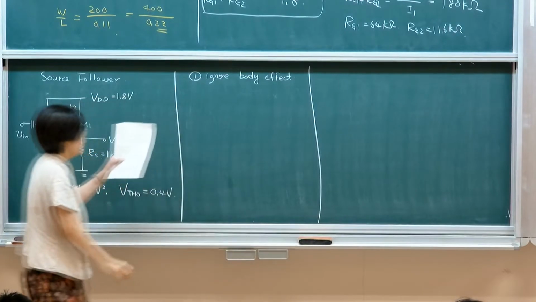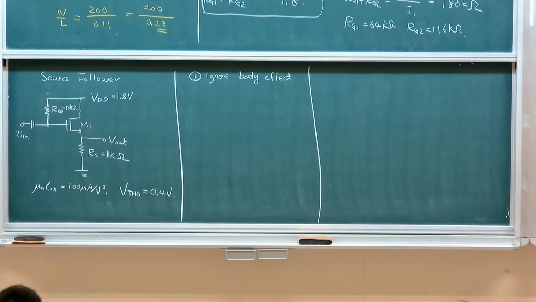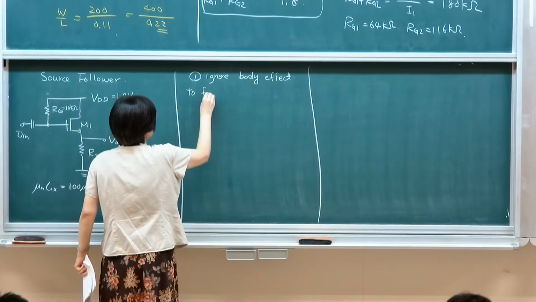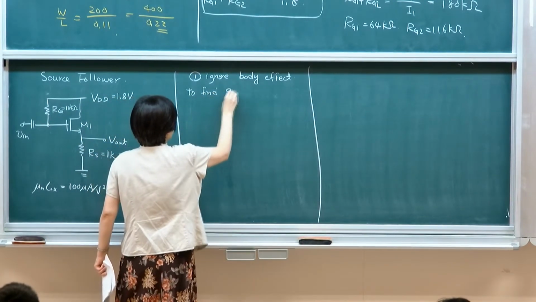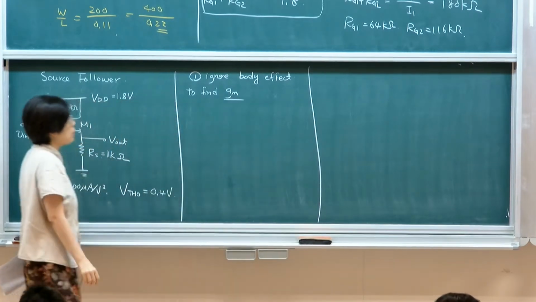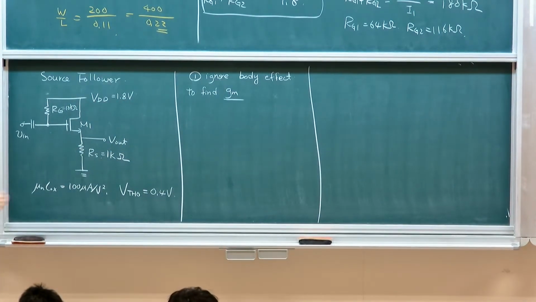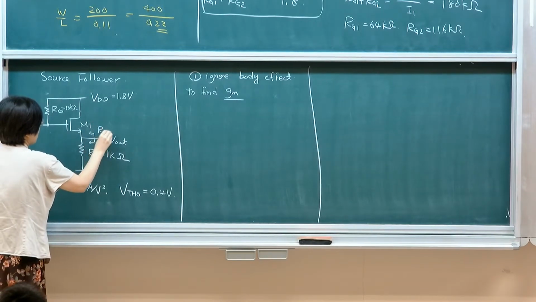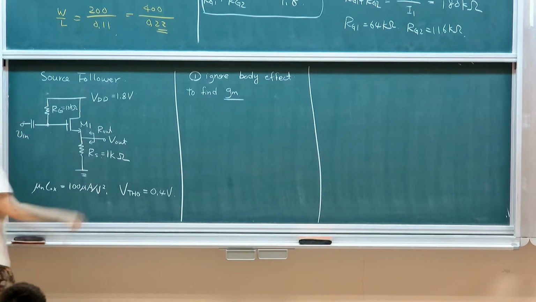So the key is that if you ignore body effect, we can actually find out the corresponding gm, the transconductance, because this would then determine your output resistance. Remember, if you're looking in from here, it will be RS in parallel with 1/gm.